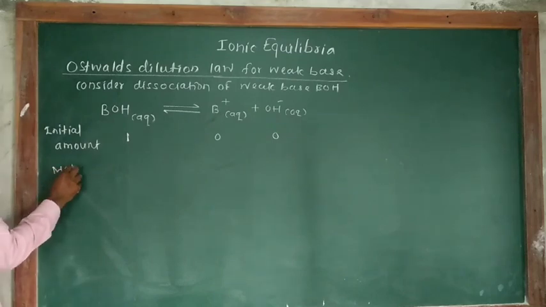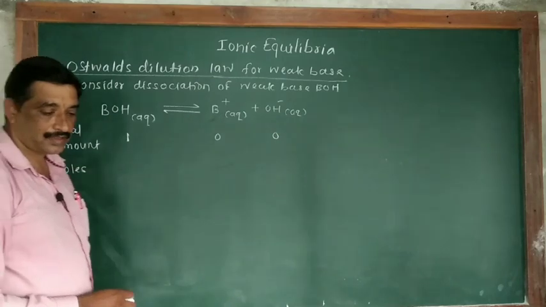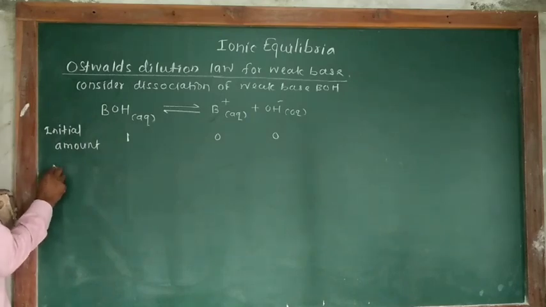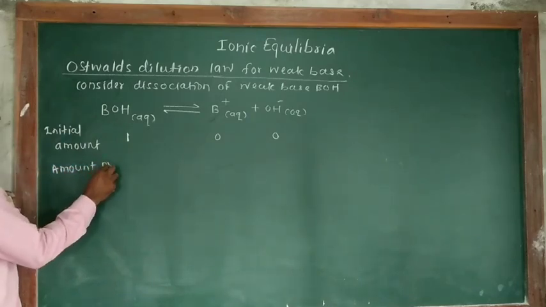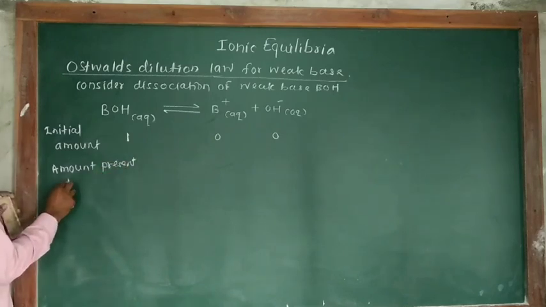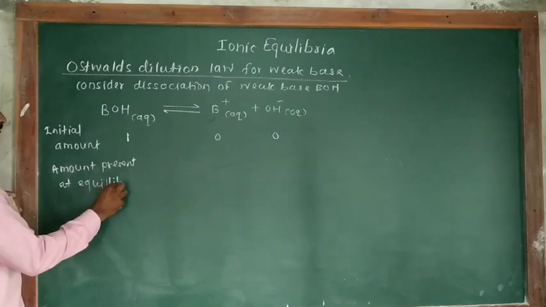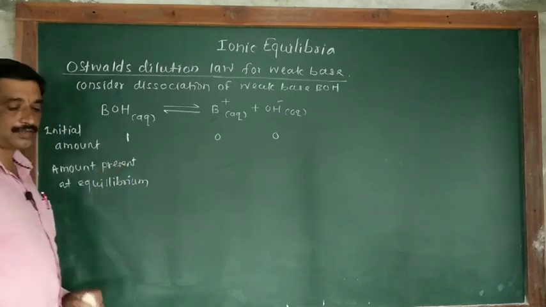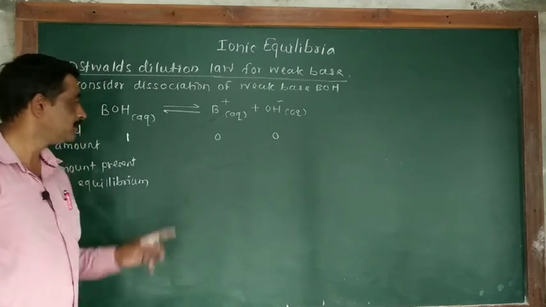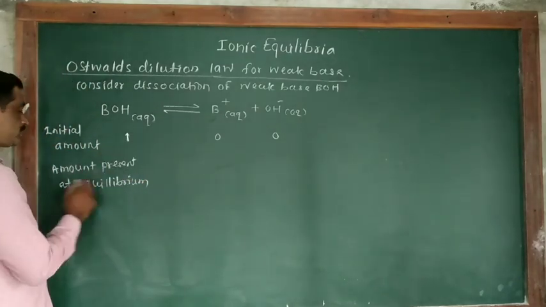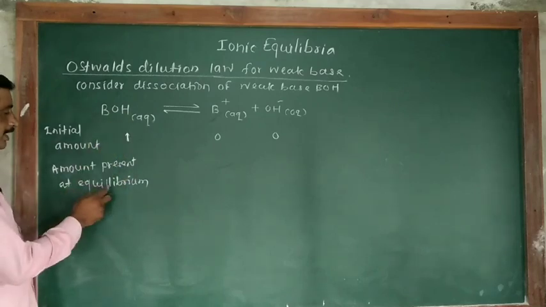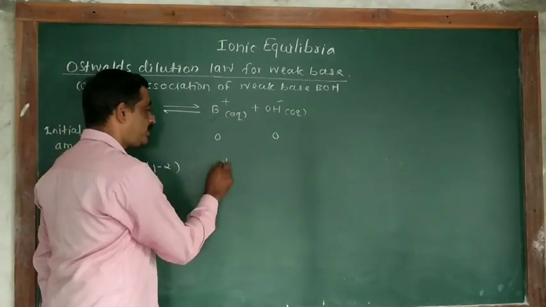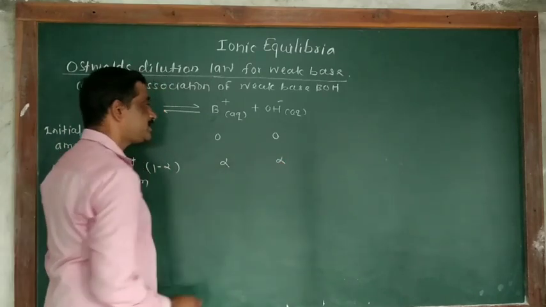The amount present at equilibrium: alpha is the degree of dissociation and initially we take 1 mole of this base BOH, so the amount of BOH present at equilibrium is 1 minus alpha, for B plus it is alpha, and for OH minus it is alpha.